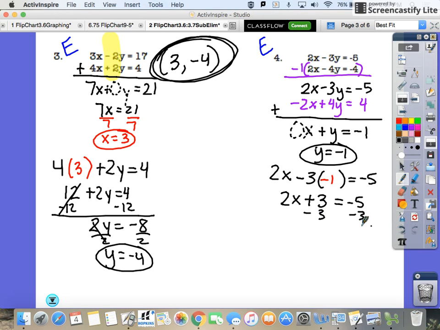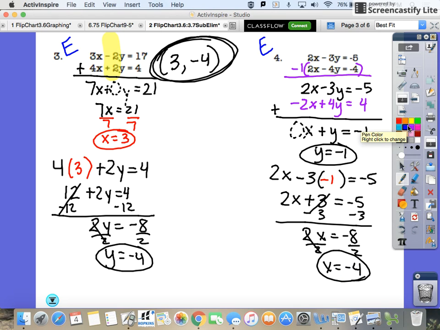Minus 3, chunga chunga, 2x equals -8. Divide by 2, chunga chunga, x equals -4. So our final answer for this one is x equals -4, y equals -1. You can always put those both in, that x and y, into both and make sure that they come out as -4 and -5. You can always double check.